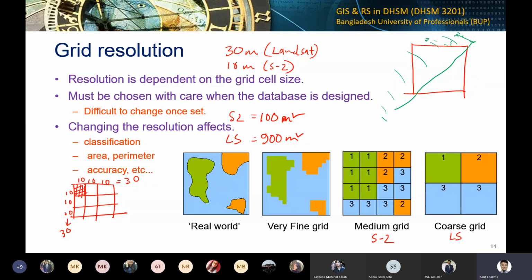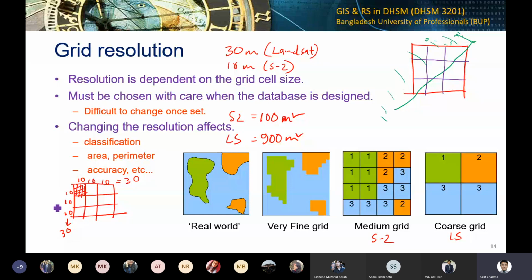So remember, Sentinel data is how much spatial resolution? 10 meters. So this is Sentinel data. It's not a fine drawing, but you understand. These are the Sentinel pixels, if they are perfectly aligning with the Landsat.